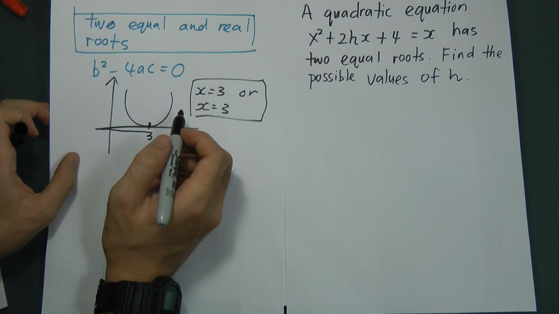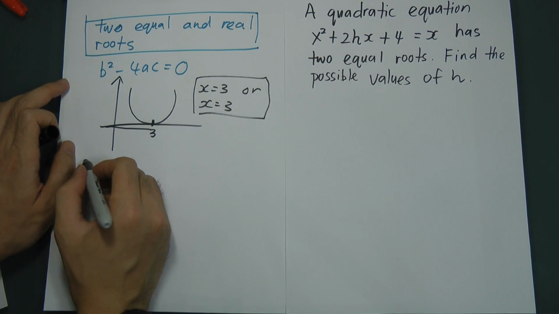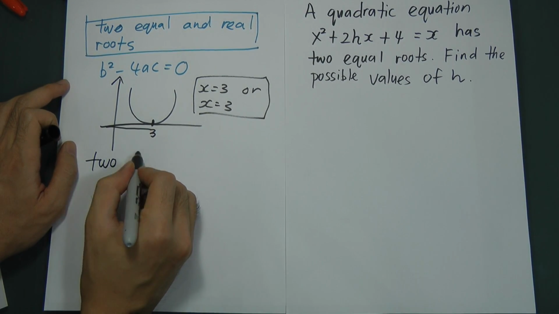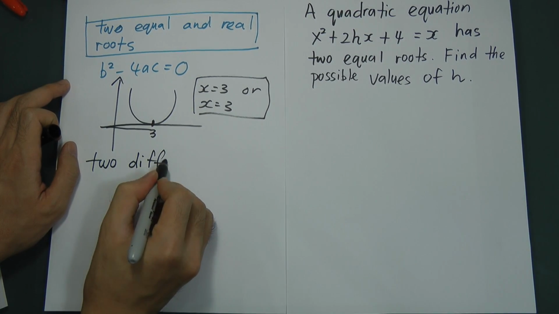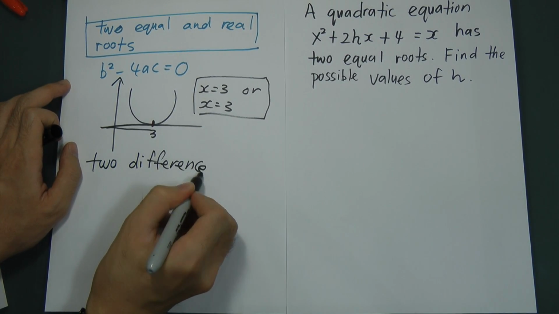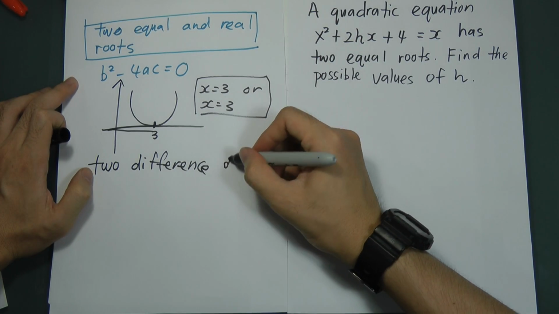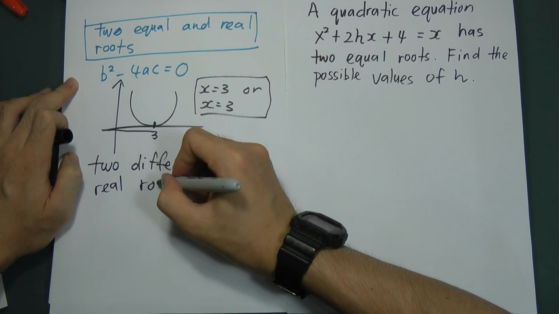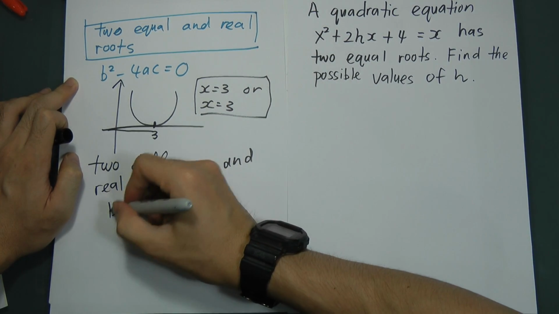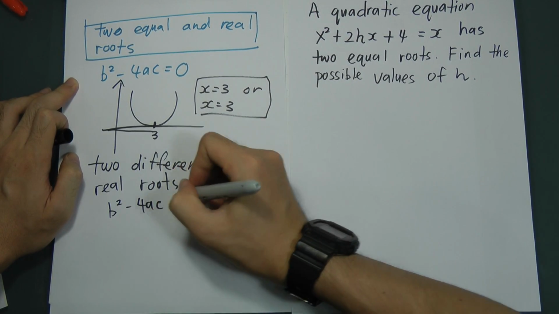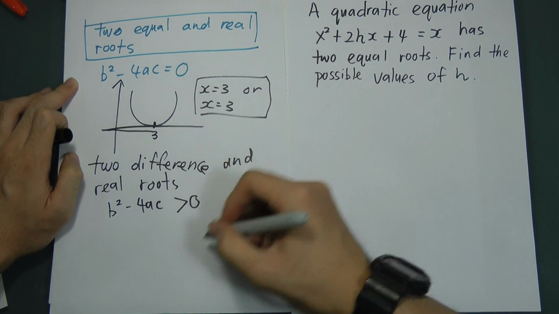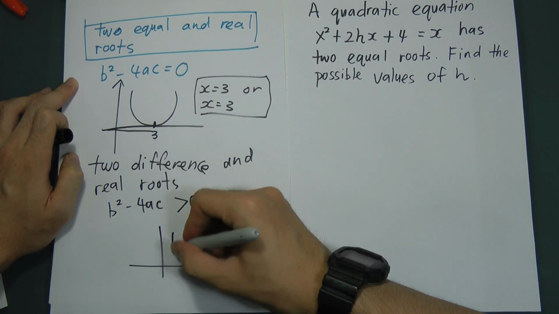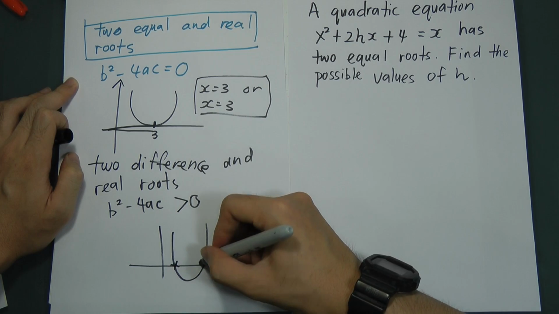If the question says two different, or sometimes they use distinct, two different and real roots, it means b squared minus 4ac will be bigger than 0. In the graph you will touch at 2 points.